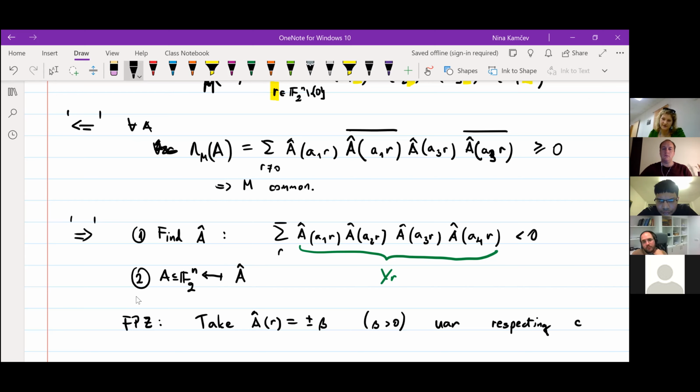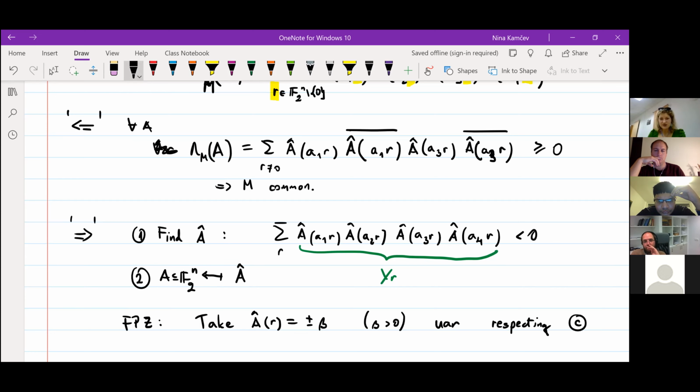That's important later, in the second step, when you want to invert A hat. So what does that mean? For each R, you flip a coin, plus or minus, and you draw the corresponding Fourier coefficient at random, but you need to be careful because R and minus R actually share the same coin.